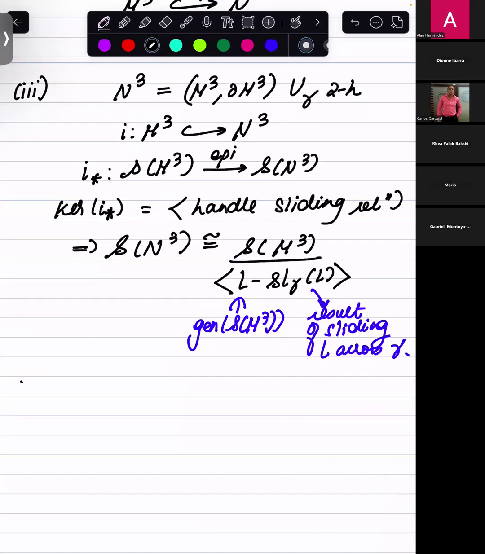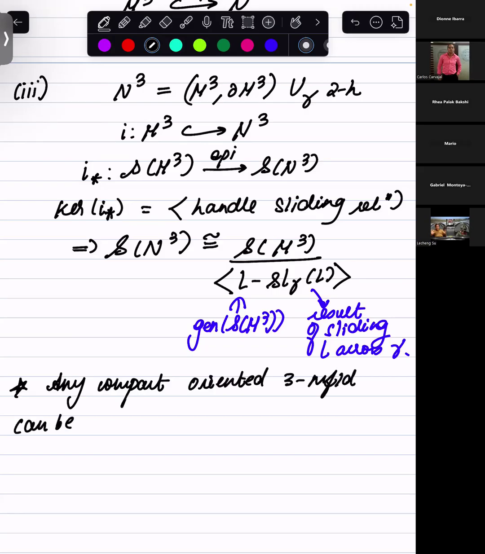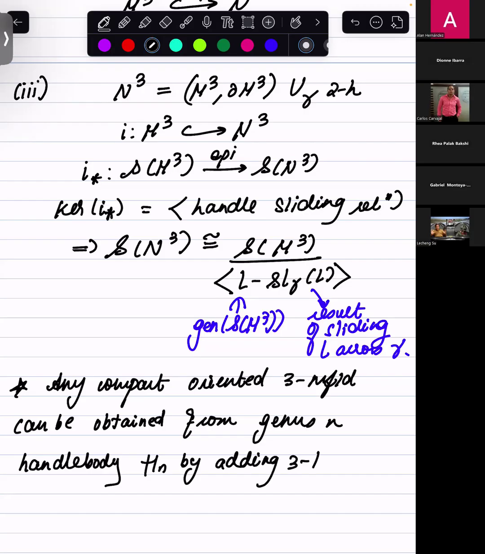Why this is important for us is because of the following: any compact oriented 3-manifold can be obtained from a genus n handlebody, which I'll call H_n, as follows, by adding 3-handles and 2-handles.